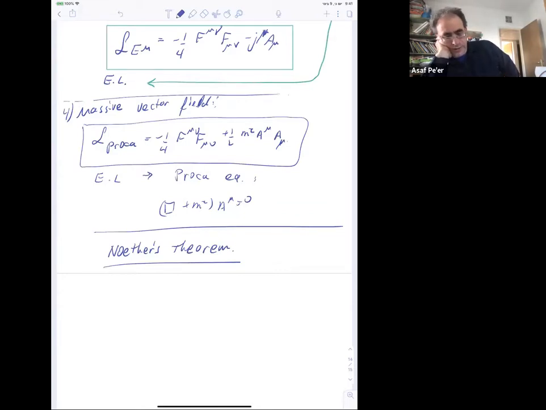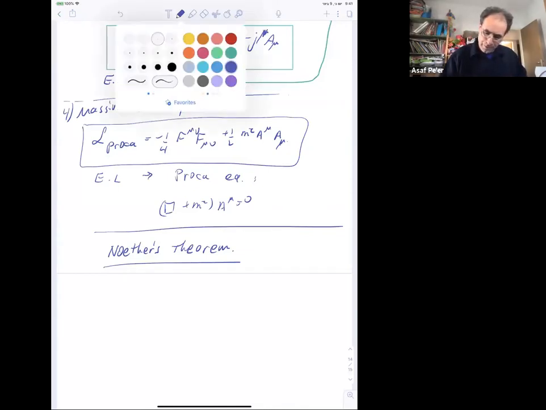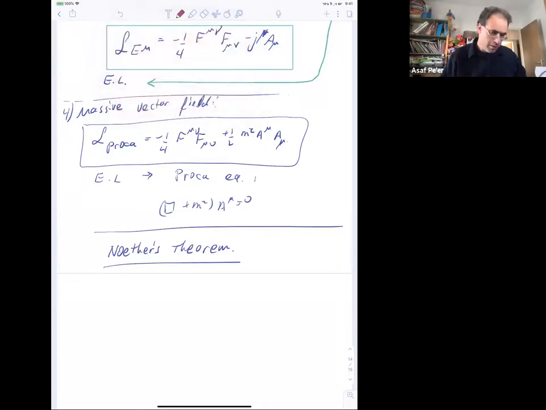The reason why we're so interested in symmetries is because of this theorem following Emmy Noether from roughly 100 years ago, which states that every time we have a continuous symmetry of the Lagrangian, then we have a conserved current. That is in essence Noether's theorem.